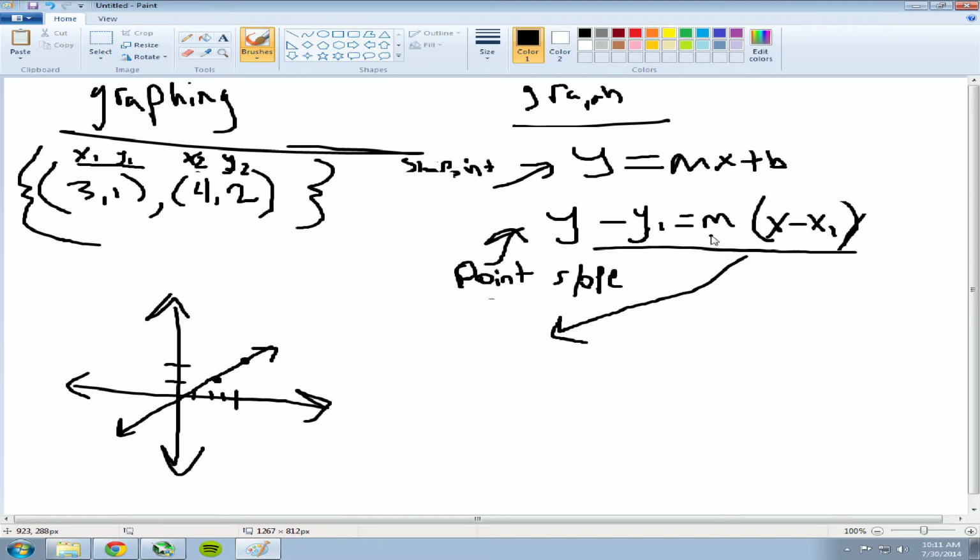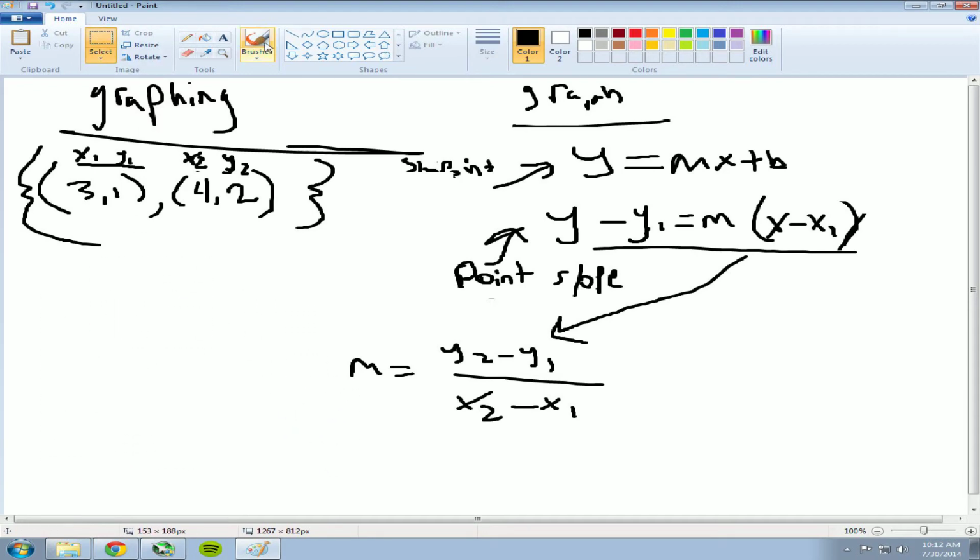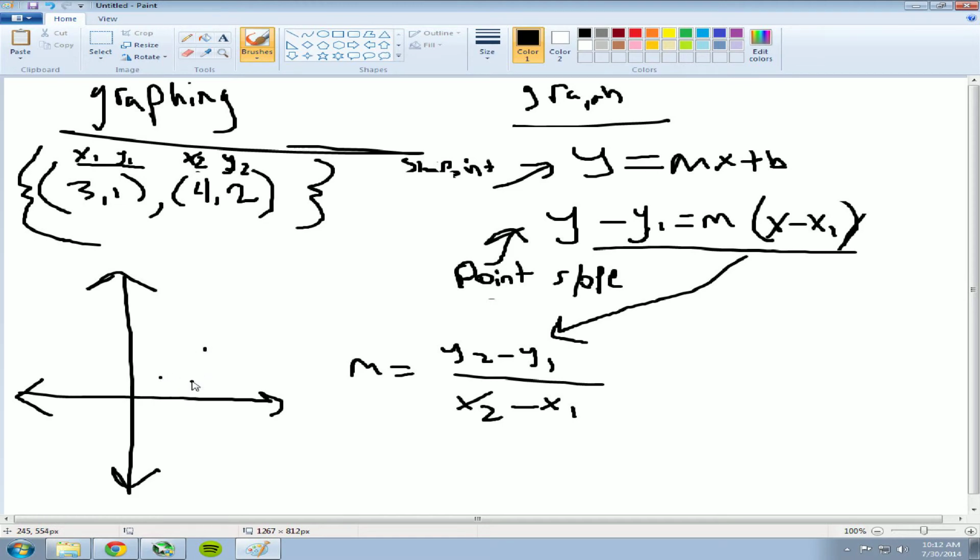The only piece we're missing is the slope. And we have a formula for slope, where the slope is equal to y2 minus y1 over x2 minus x1. Which basically says, in a nutshell, you go from here to here, you have the change in y, and you have the change in x.